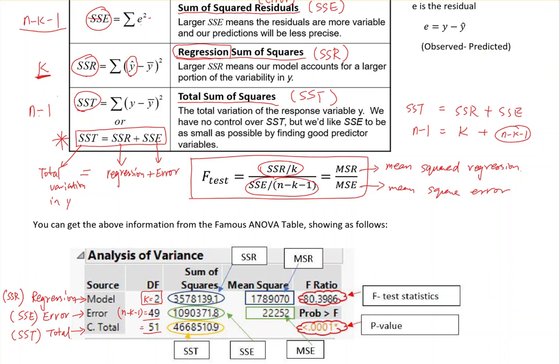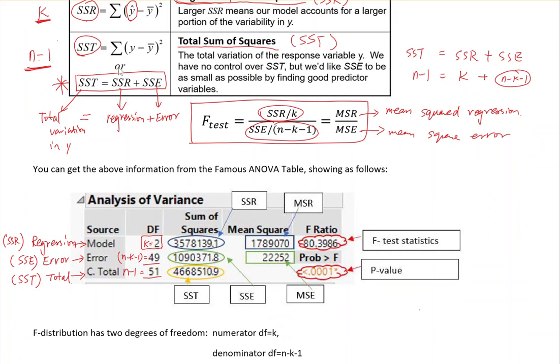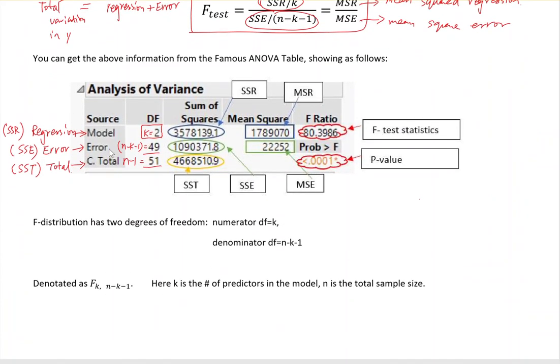What is the next one? SST has degree of freedom n minus 1, so n minus 1 equals 51. That means you have k equals 2 and n equals 52, because n minus 1 is 51.